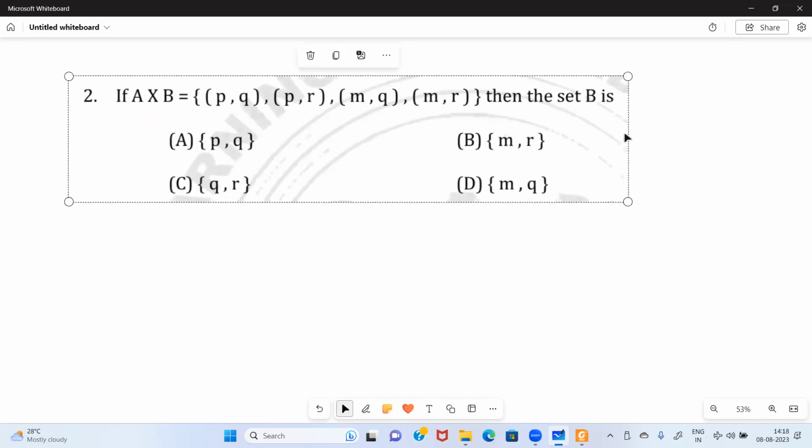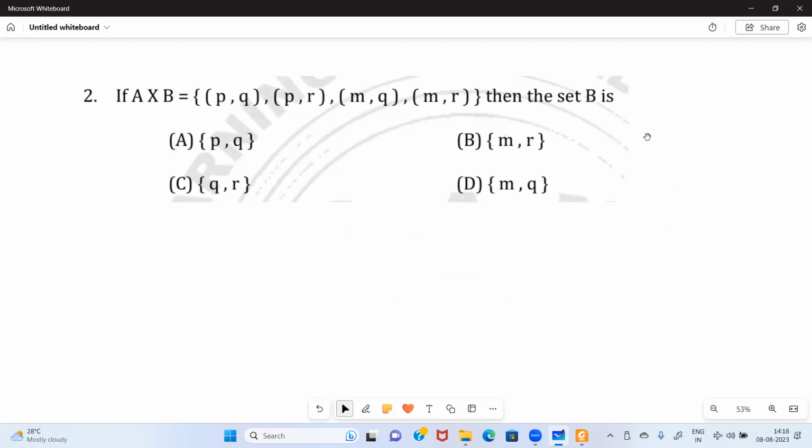Question number 2. If A cross B is {(P, Q), (P, R), (M, Q), (M, R)}, then what is the set B? If you see, all the first elements in the ordered pairs belong to A. So what are the elements in A, dear students?